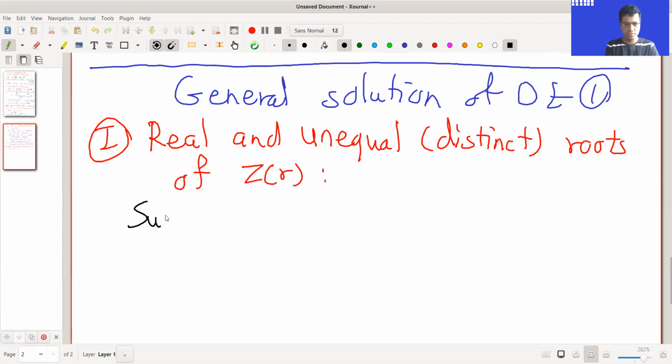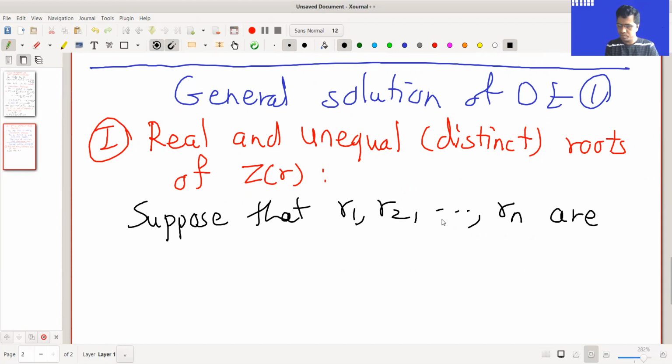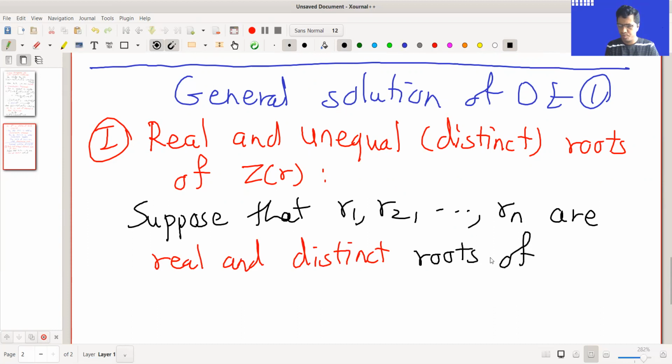Suppose that r1, r2, and so on, rn are real and distinct roots of the characteristic polynomial z of r.